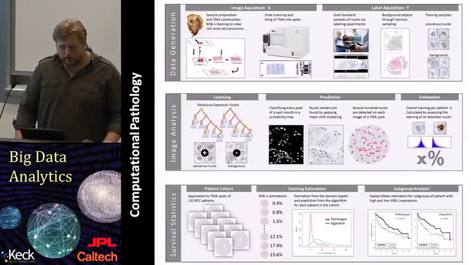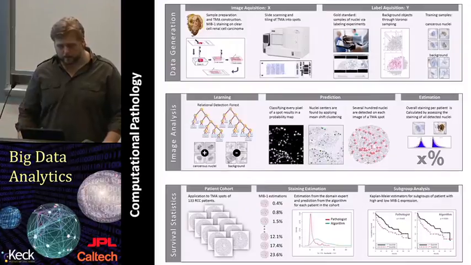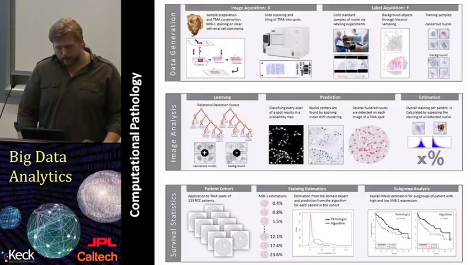So at the bottom row, now we can finalize that by applying this procedure to a whole set of patients, in this case 133 renal cell cancer patients. And to do that, we need a cluster. So we use a computer cluster and use distributed classification.